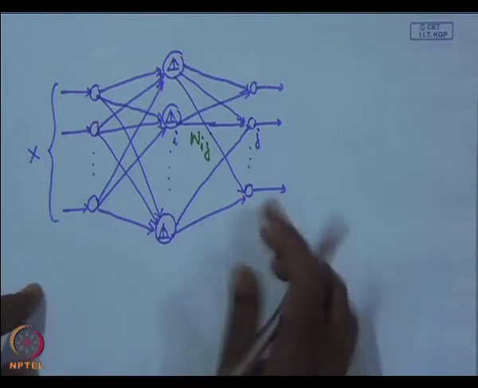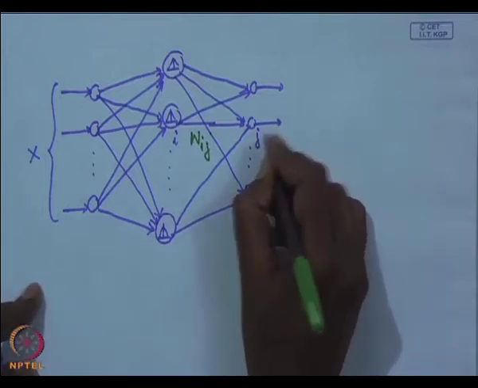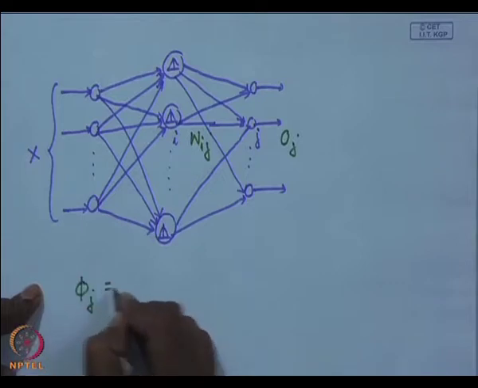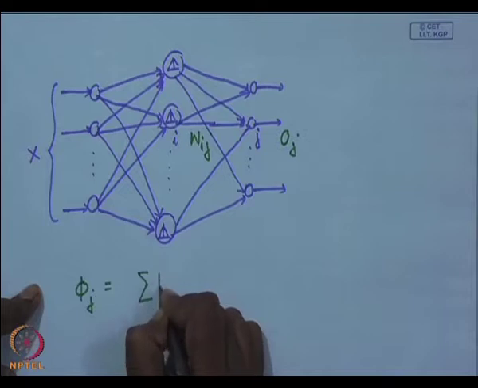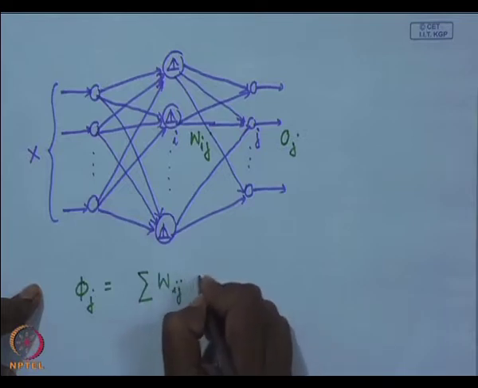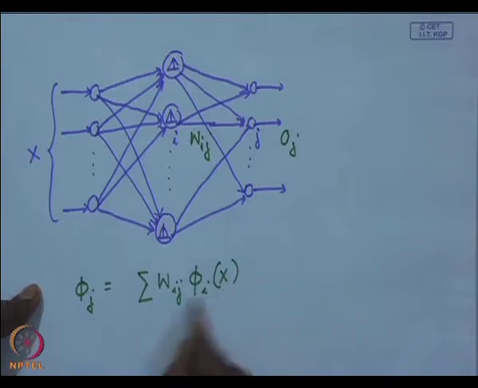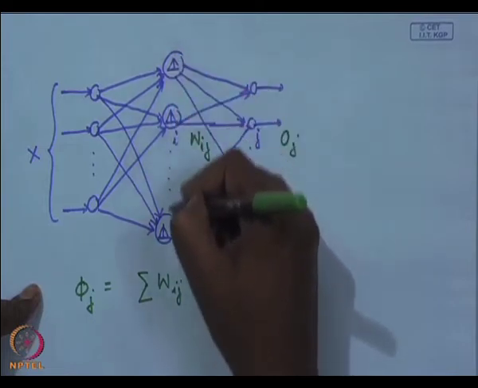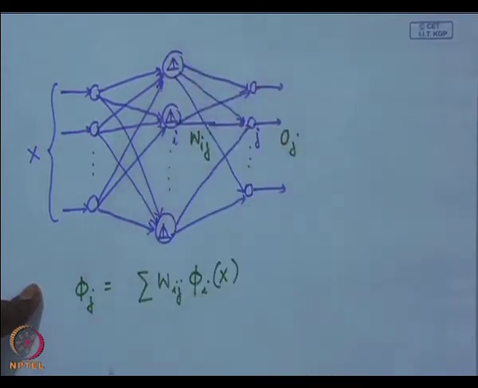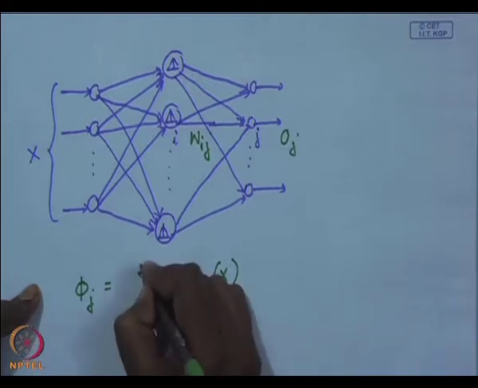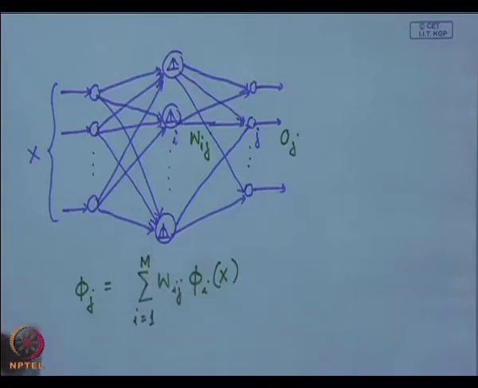So, given this, if I say the output of the jth output layer node is O j, I will have O j equal to the sum of W i j times phi i of x for an input vector x, and this summation I have to compute over all nodes in the hidden layer, that is, i equal to 1 to m, as I have m number of nodes in the hidden layer.